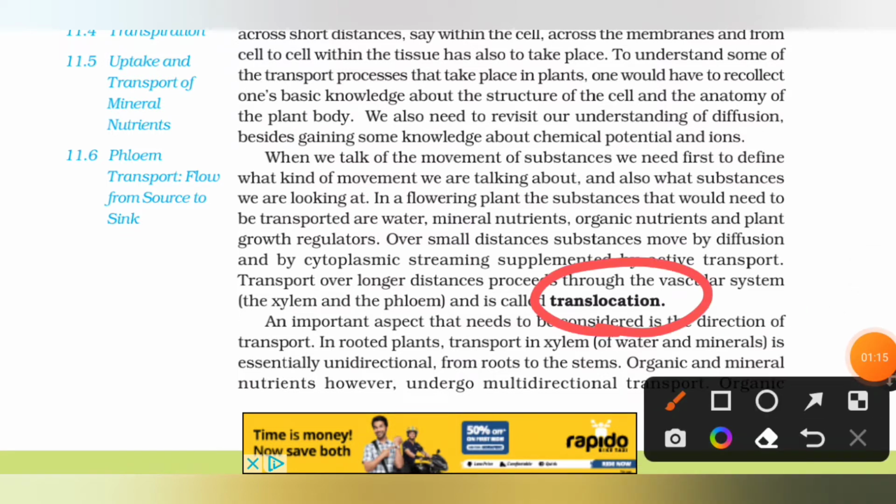The movement of substances is very important here, so that all the metabolic processes taking place in a plant are carried out periodically.